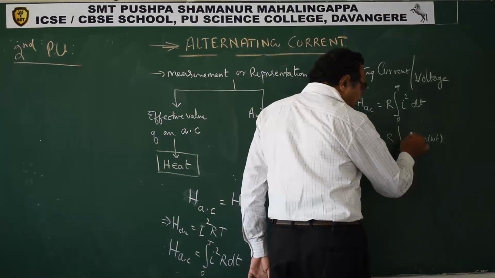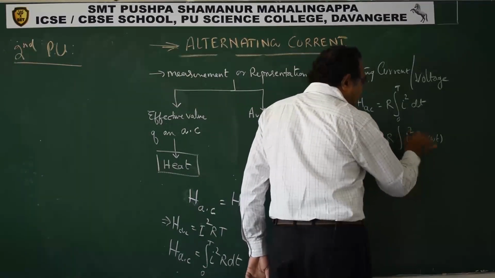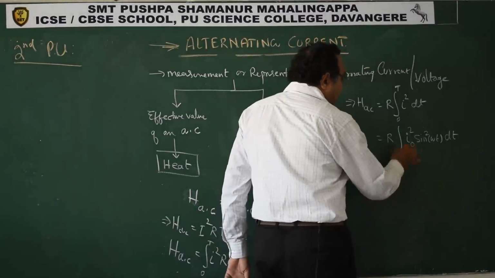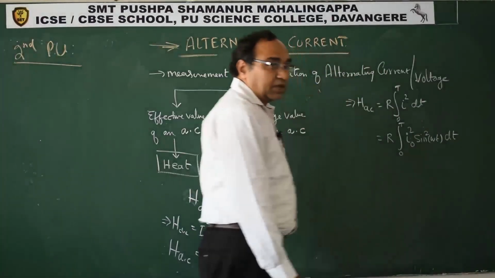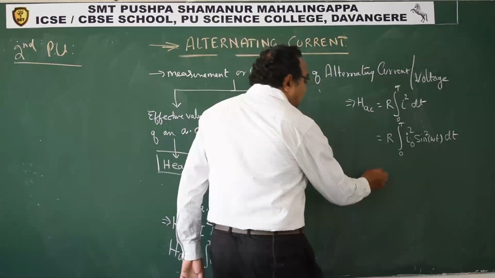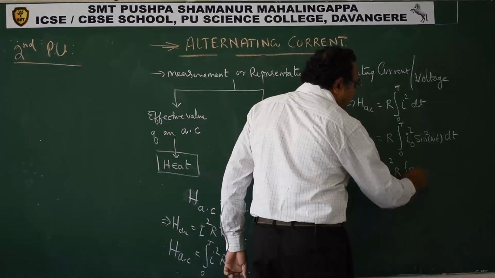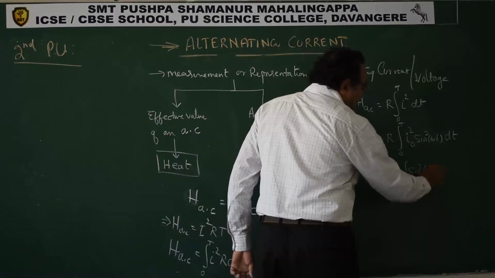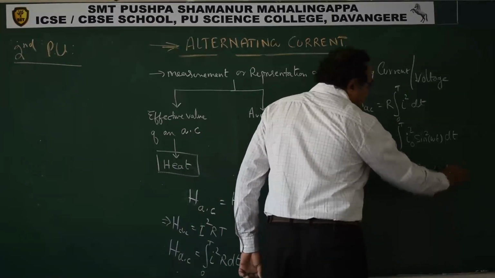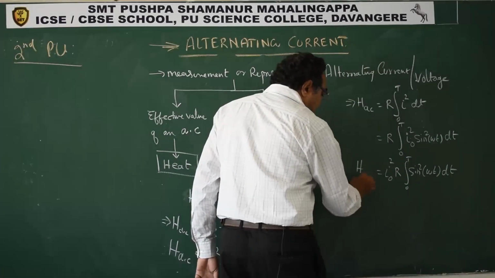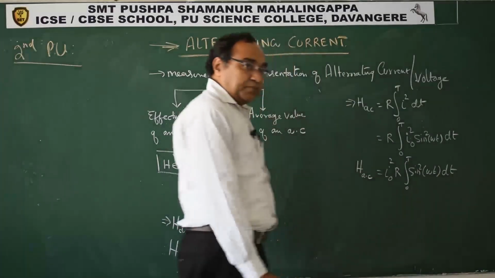You have to square it, so sine square dt from 0 to t. Now integrate this. I naught square is constant. R integration of sine square omega t dt from 0 to t. This is your heat generated in AC.